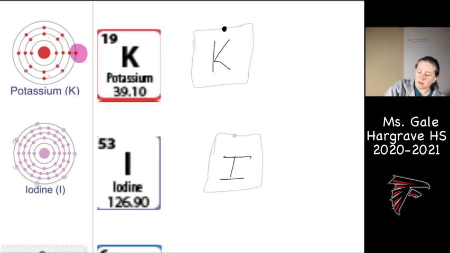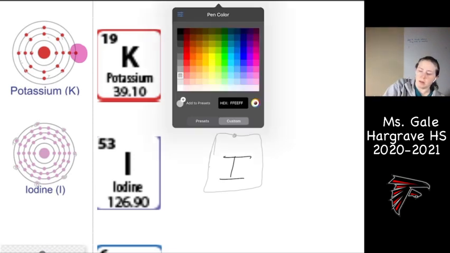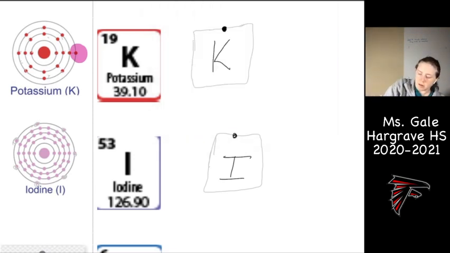So let me go to a darker color. 1, 2, 3, 4, 5, 6, 7. Easy peasy. All done. Iodine is done. We don't have to mess with him anymore. But he doesn't have a full shell. So let's think about this for a second.